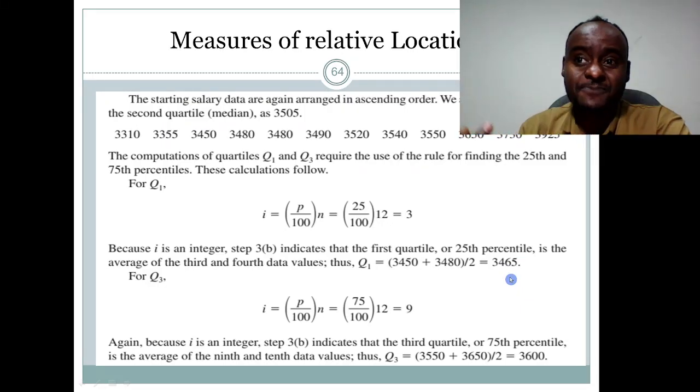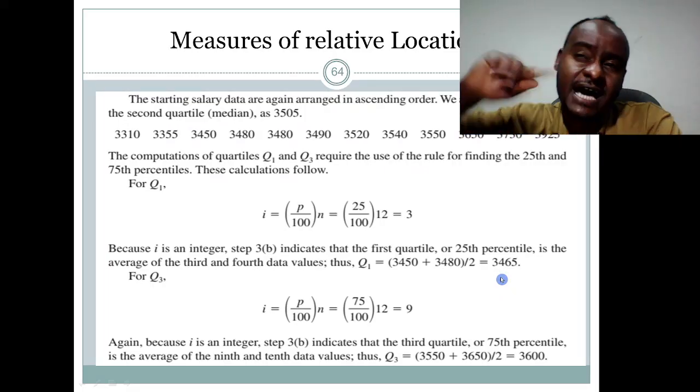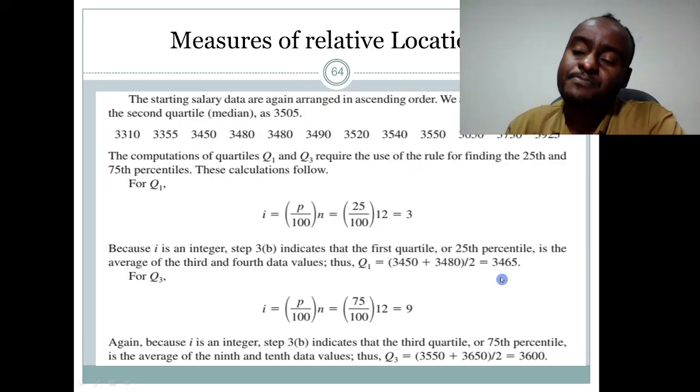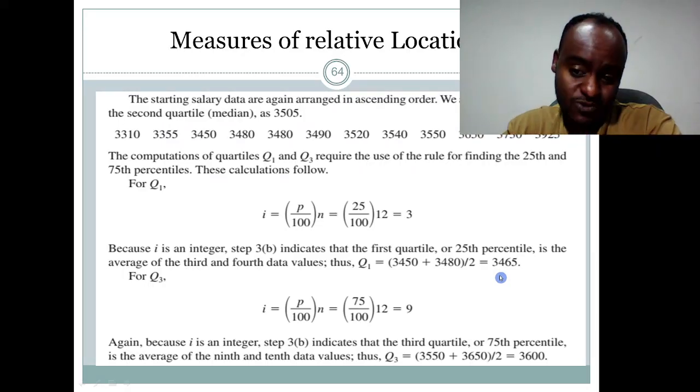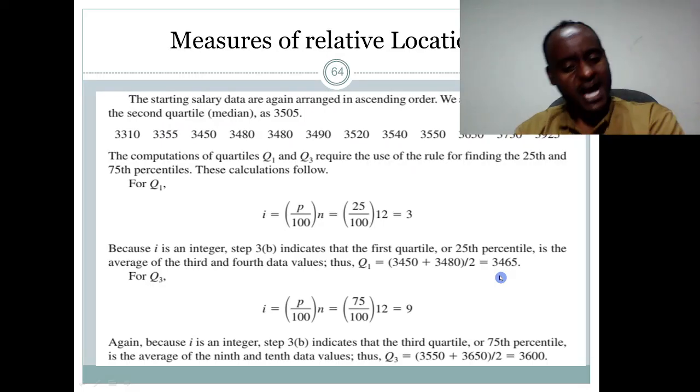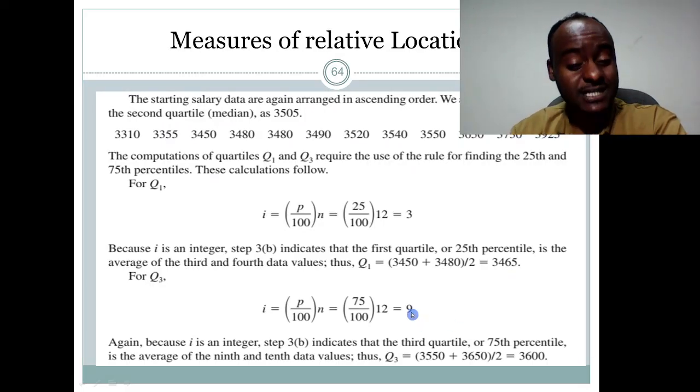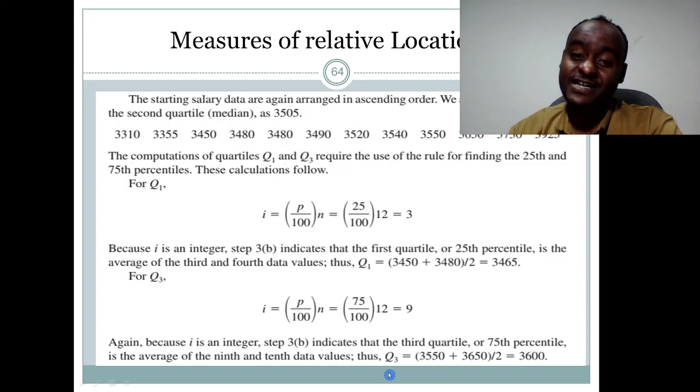On the other hand, the other 75% of your observations are greater than or equal to 3,465. I hope you can do quartile 3, Q3. The answer is here. Let's give this as an assignment for you to do. I hope you can do it.